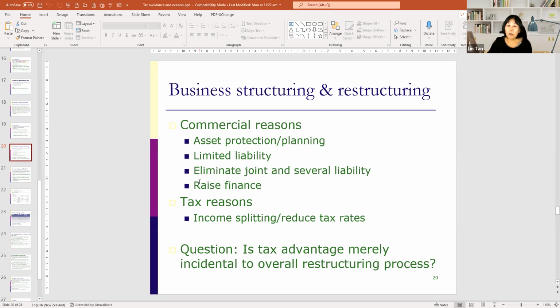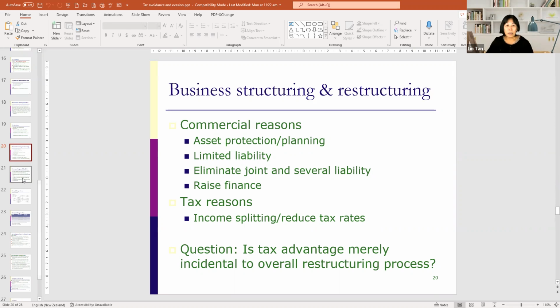Now, if these are the commercial reasons for them to come up with a structure that they want, at the same time you find that it might also help them to minimize their tax, either by helping them to split their income to other people, or by reducing their tax liability. So the question here is, if somebody plans to restructure their business and manages to reduce their tax liability, is the restructuring a tax avoidance arrangement?